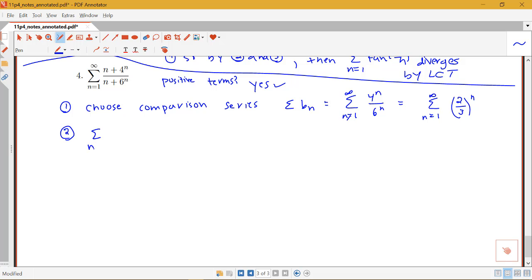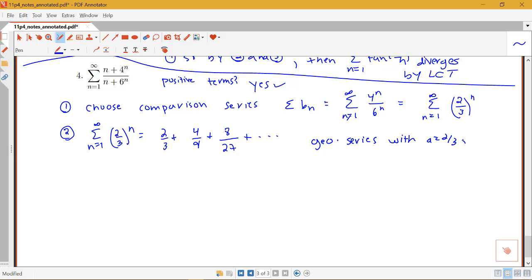Okay, so notice that the sum from n equals 1 to infinity of 2/3 to the n, okay, would equal 2/3 plus 4/9 plus 8 over 27, etc. So this is a geometric series with a equals 2/3 and r also equals 2/3.